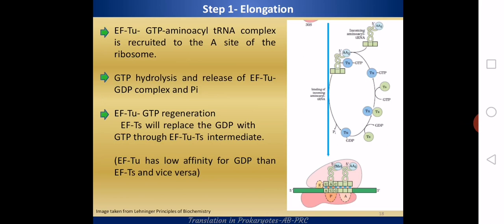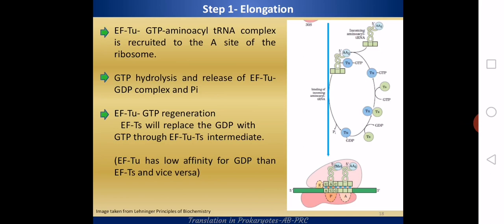And there is a regeneration of EF-Tu GTP with the help of the EF-Ts GDP complex. That means EF-Tu GDP will be released once the GTP is hydrolyzed after the successful transfer of the second amino acid tRNA to the A site.